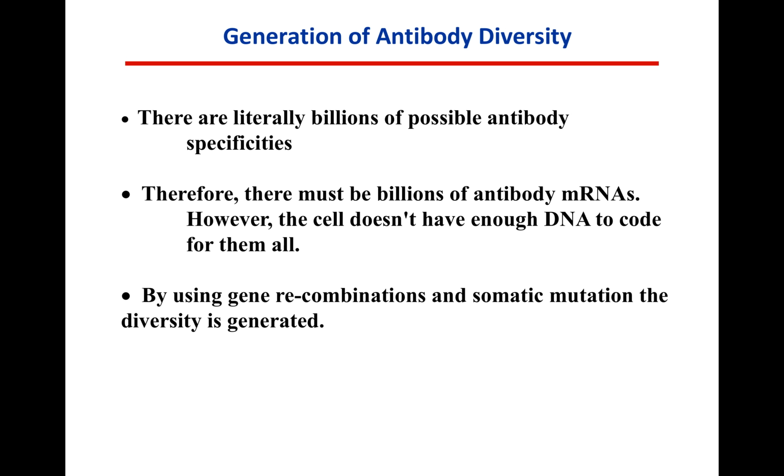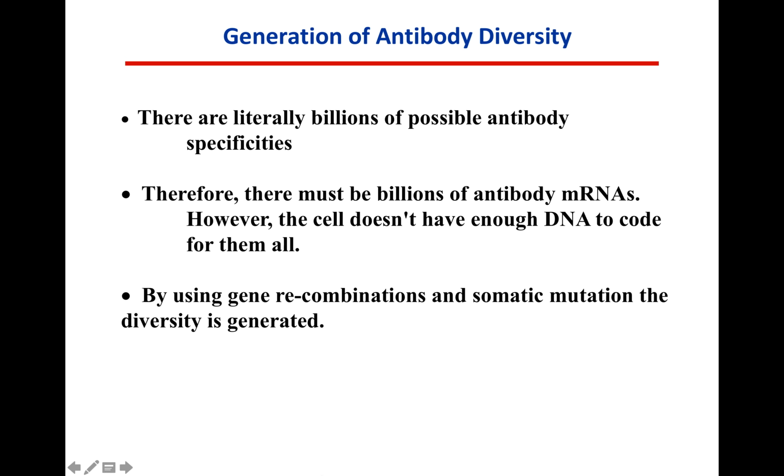in order to produce that antibody, the genome would have to be almost entirely made up of DNA that encoded antibodies, and that it does not. And so how does this happen?